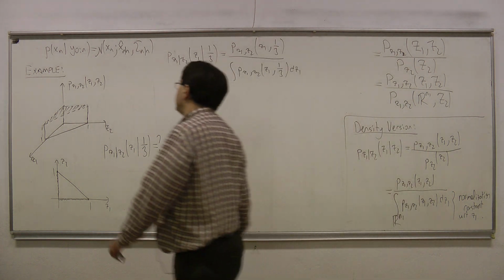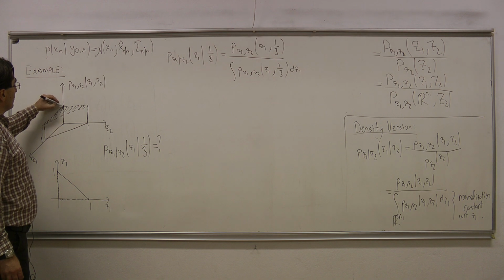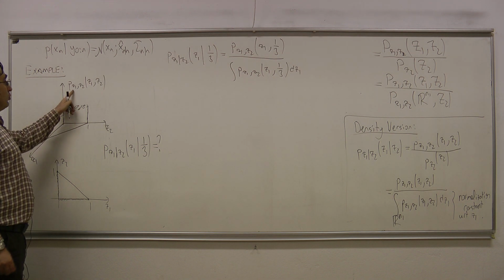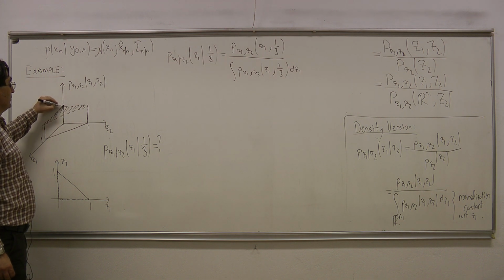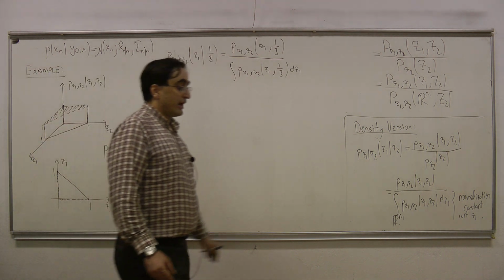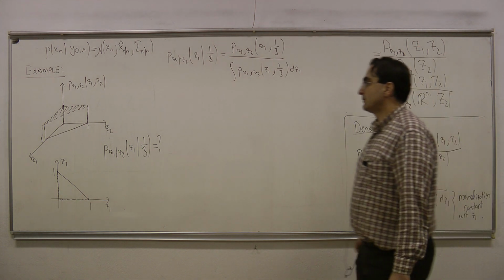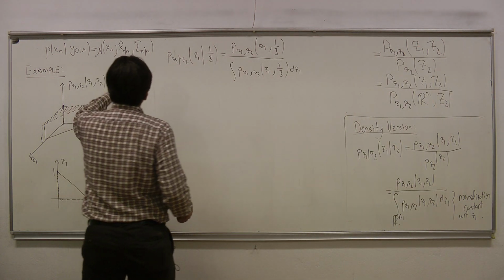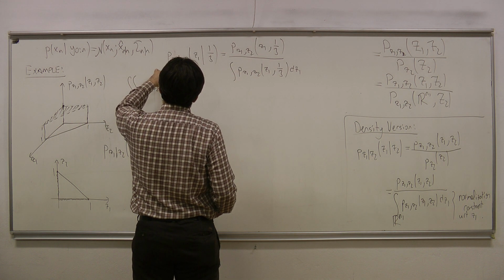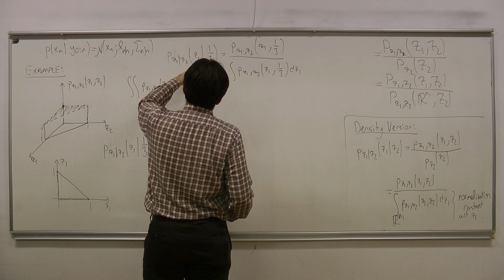So now, the first thing that I'm going to do is to find what this constant value of the PDF is. The joint PDF has some constant value over this triangle. What should be that constant value? I know that the integral of P of Z1, Z2, dz1, dz2 should be 1.